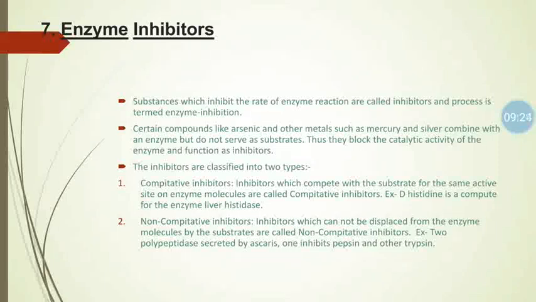Inhibitors are classified into two types: competitive inhibitors and non-competitive inhibitors. Competitive inhibitors compete with the substrate for the same active site on enzyme molecules. For example, dihistidine is a competitive inhibitor for the enzyme liver histidase.